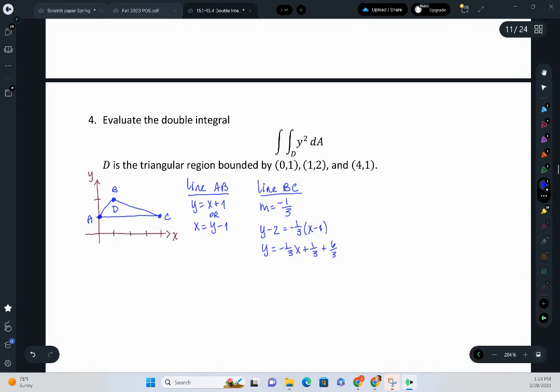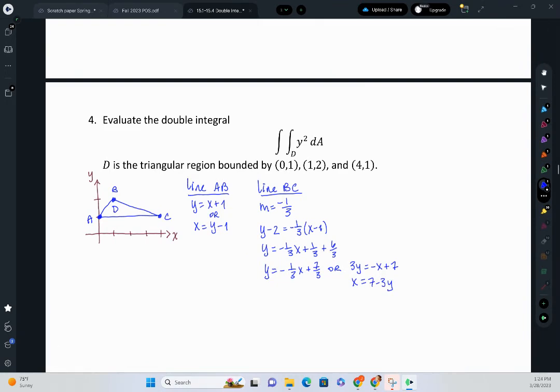That's moving the 2 over. So this simplifies to y equals negative 1/3 x plus 7/3. Or if I multiply by 3, 3y equals negative x plus 7, or x is equal to 7 minus 3y.